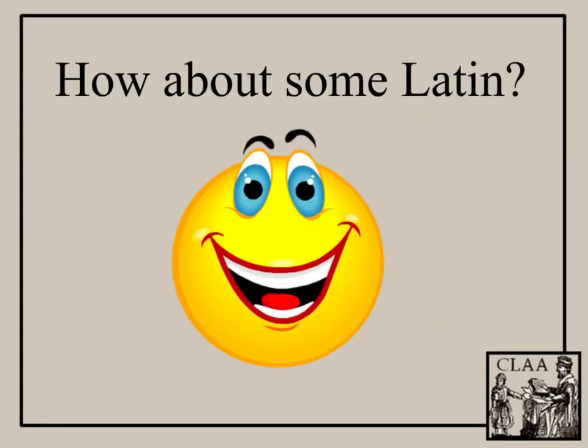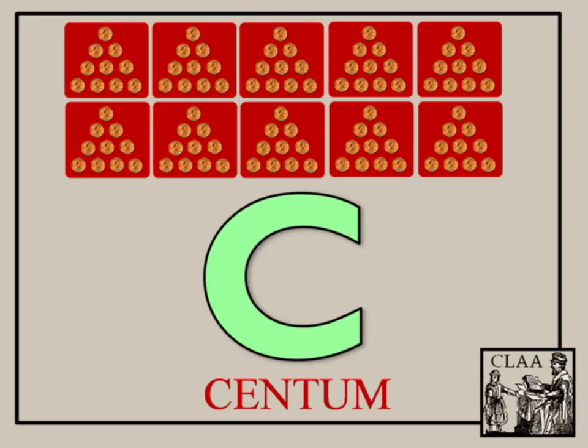How about some Latin? In our last lesson, we learned how to count in Latin all the way up to 99. You can go back and review Lesson 8 to review those Latin numbers. This has been a very long lesson, and we're only going to learn one new Latin number. On your screen, there are 10 sets of 10 pennies, and we just learned that 10 sets of 10 makes 100.